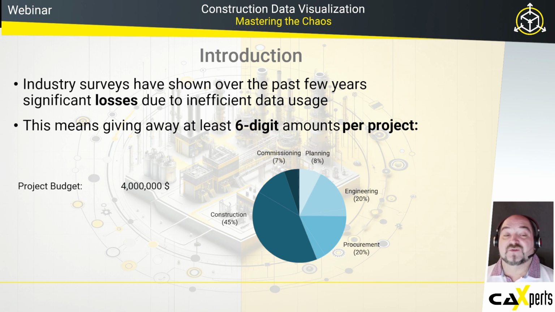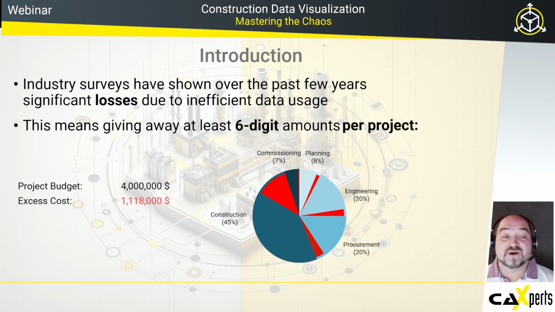But to those 4 million, there's actually excess costs. So it always takes more budget to finish the project than initially planned. So you see it with the red bars amounting up to about 1,120,000 approximately for this project.